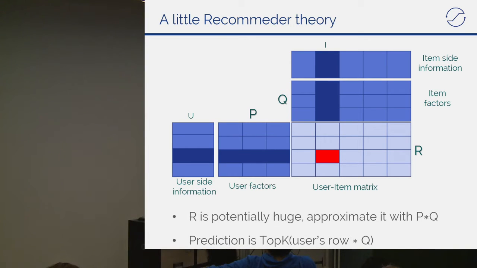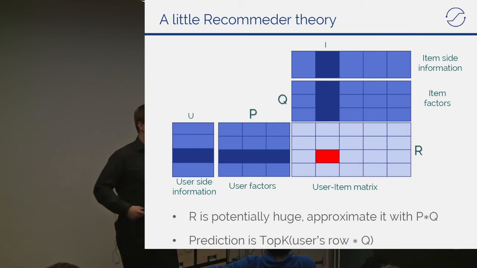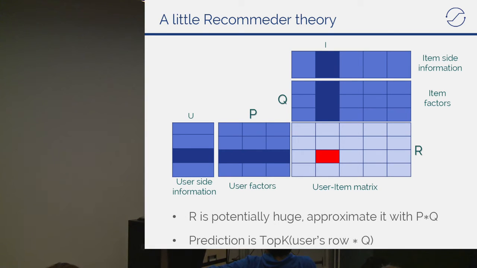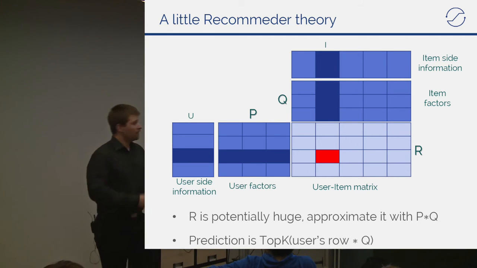So if you can compute this row and choose the top k of it, you are good. Maybe you want to give 3 recommendations: you complete the whole row of the user in the rating matrix, which is just multiplying this row of your user factor matrix with the whole item factor matrix. On that, you compute the top K and you are done.